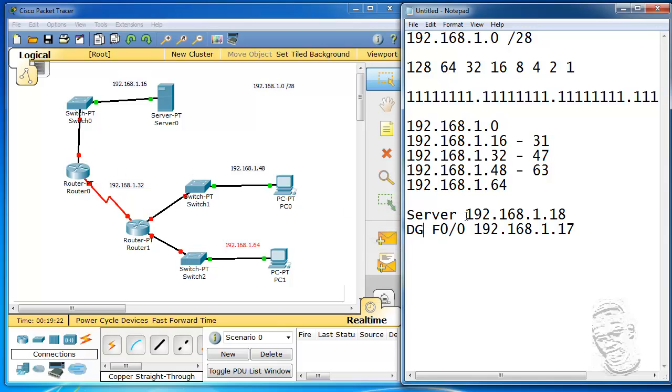Right, that will be the default gateway on the 16 network.